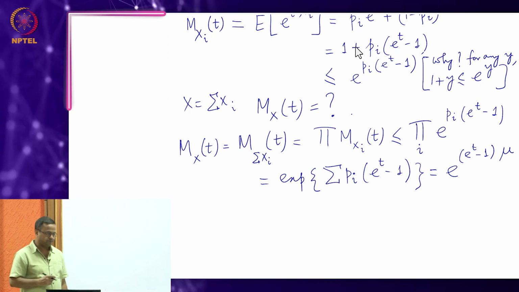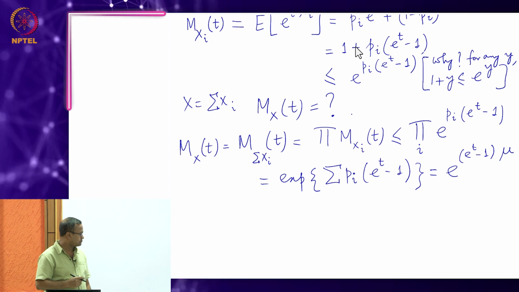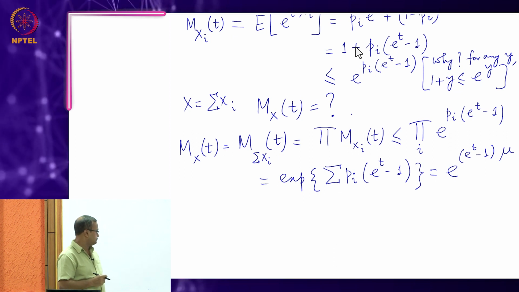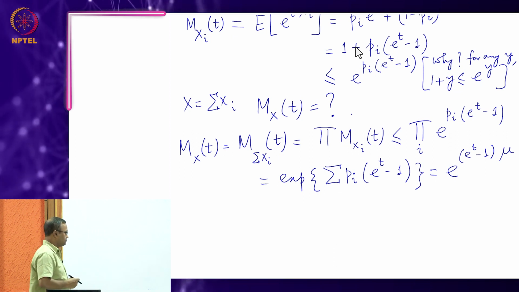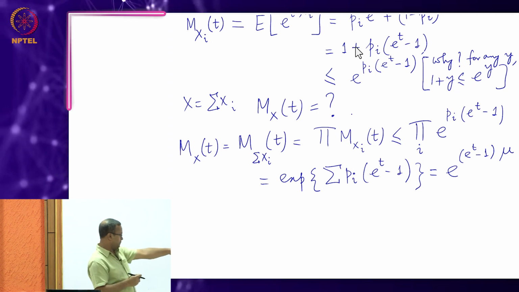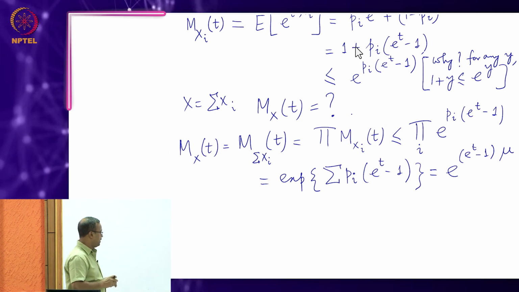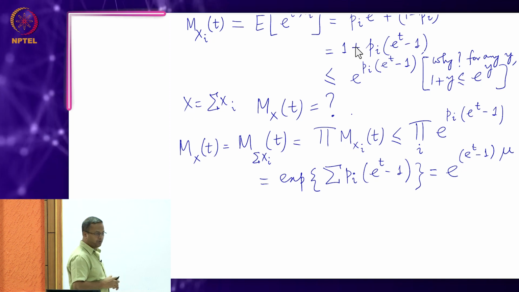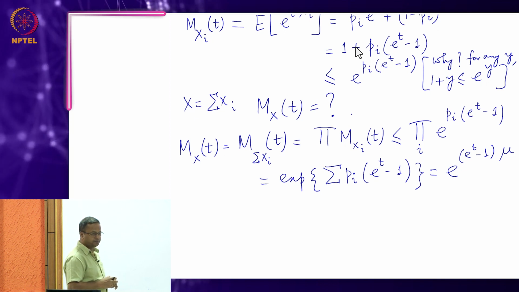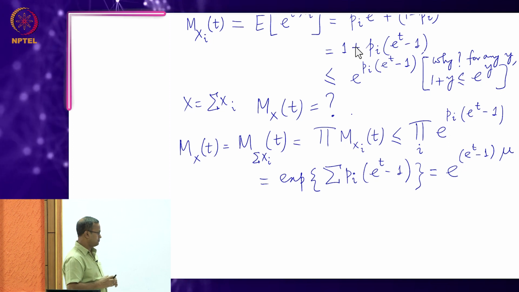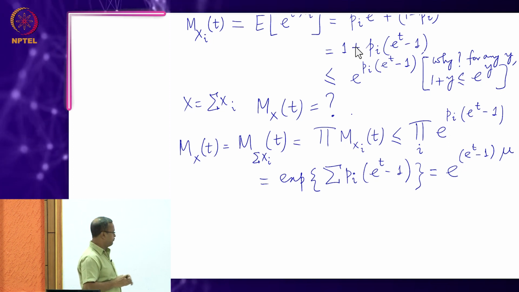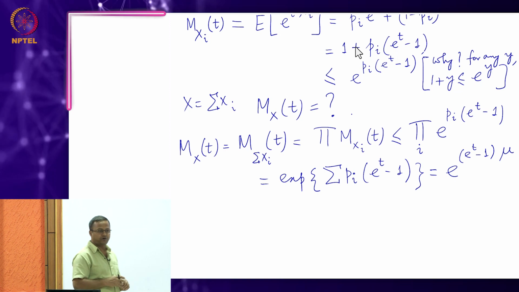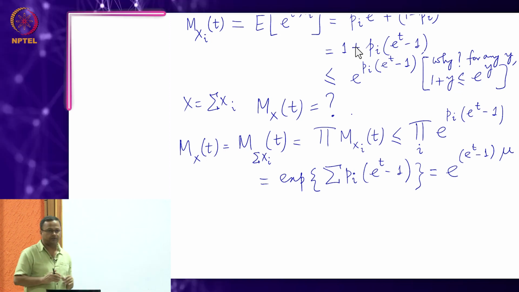Done? So, this exp means actually e to the power of summation pi, already we know to be equal to mu. So, I have been able to figure out the moment generating function of the sum of the Poisson trials.